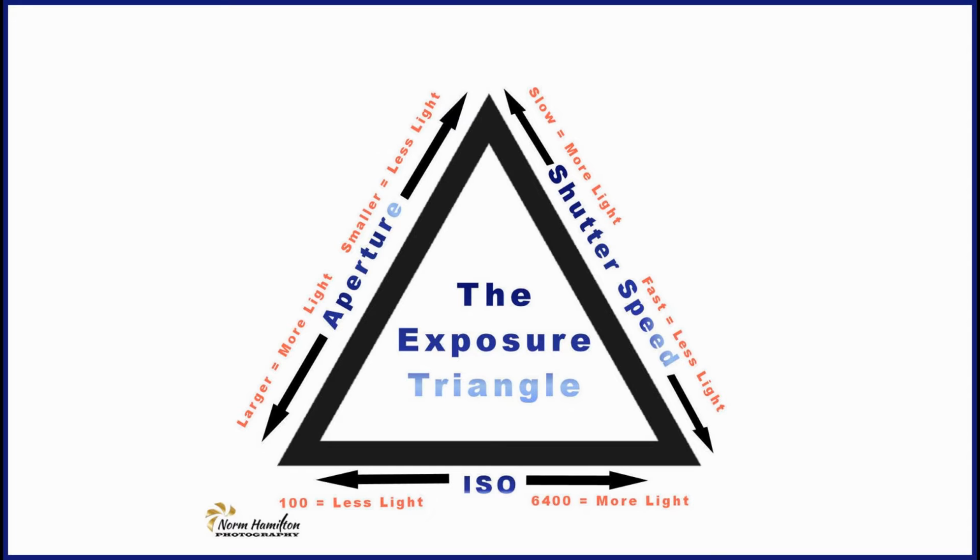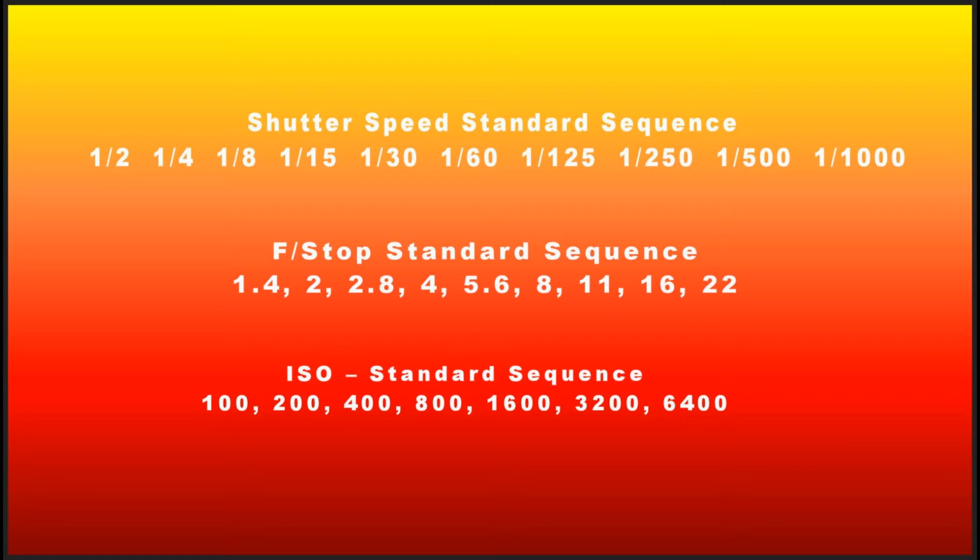On each of the parameters, the amount of light changes by 1 stop for each full setting. So full settings are shown in these shutter speed, f-stop and ISO sequences. The standard shutter speed sequence is 1/2, 1/4, 1/8, 1/15, up to 1/1000th, and beyond.